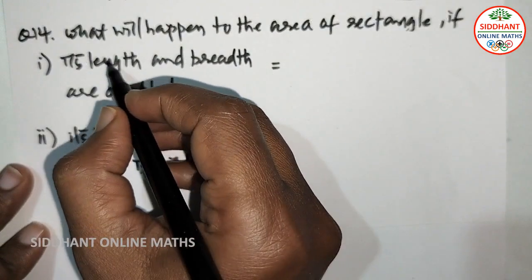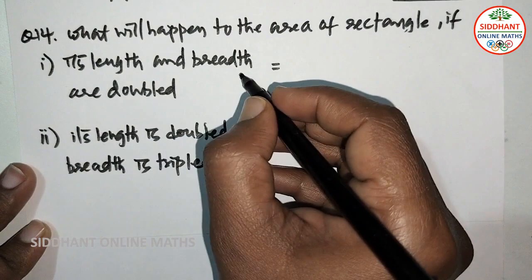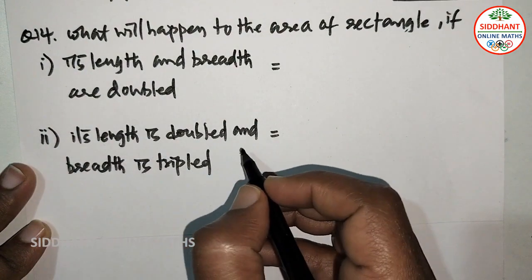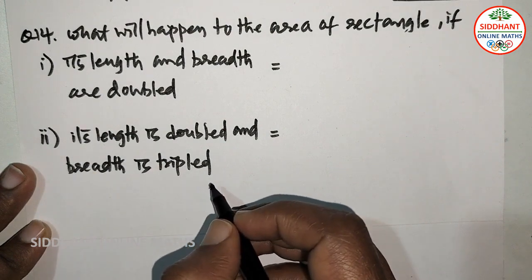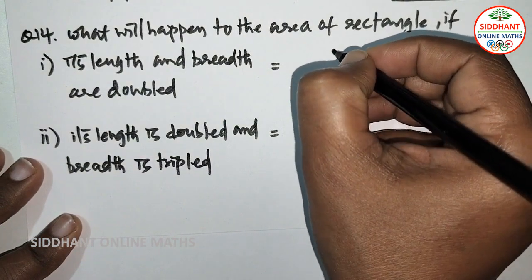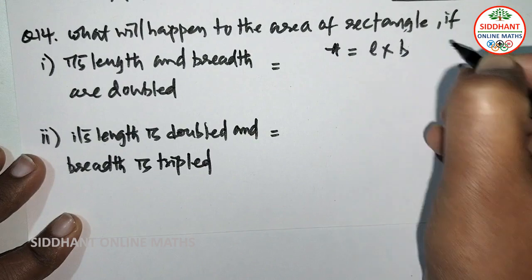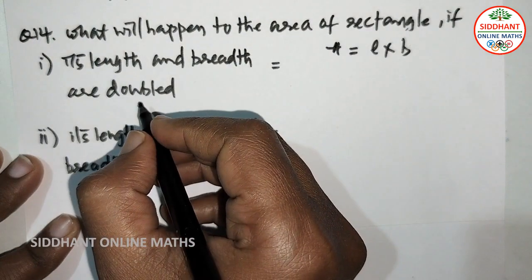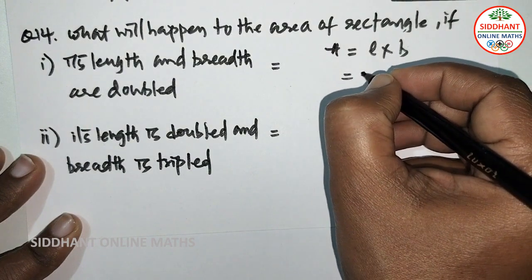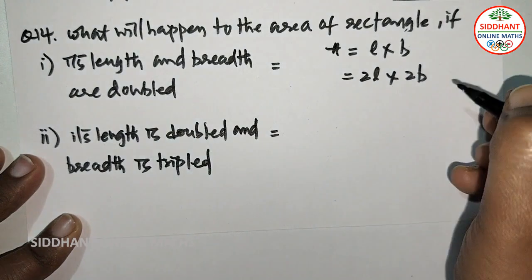Question number 14. What will happen to the area of a rectangle if its length and breadth are doubled? Second, its length is doubled and breadth is tripled. So area of a rectangle is L into B. So area is equal to L into B. In the first case, the length and breadth are doubled, so length will become 2L and breadth will become 2B.